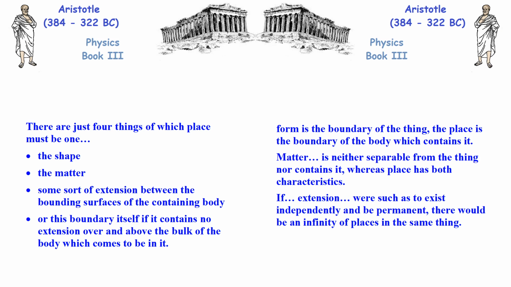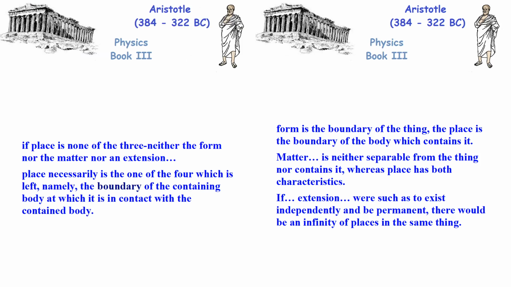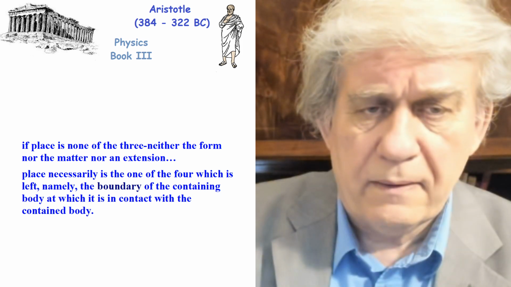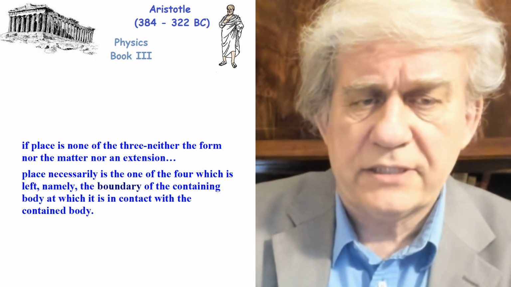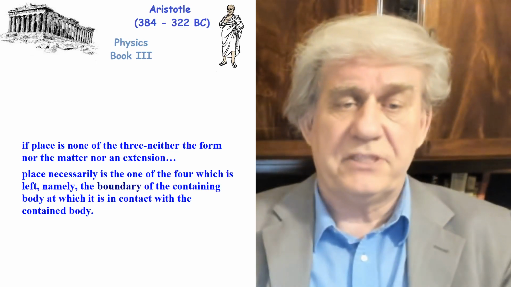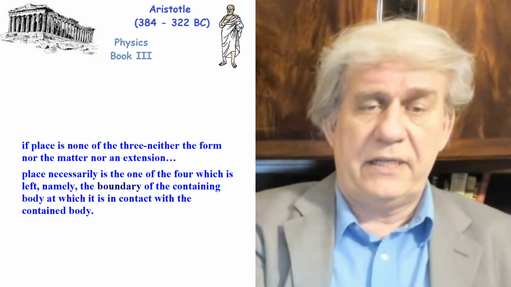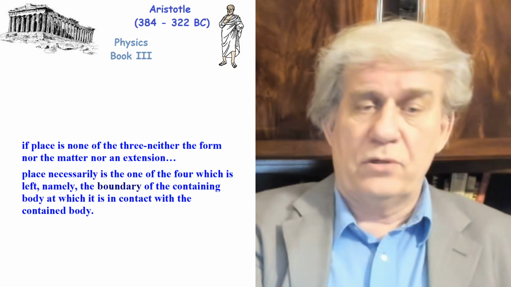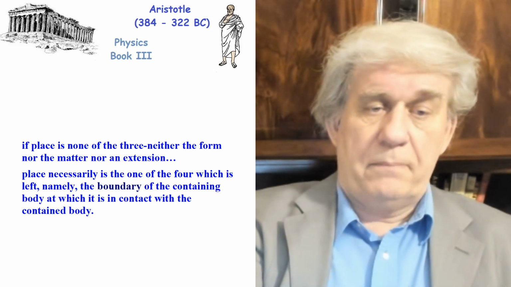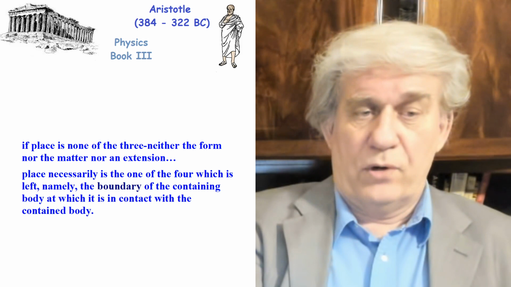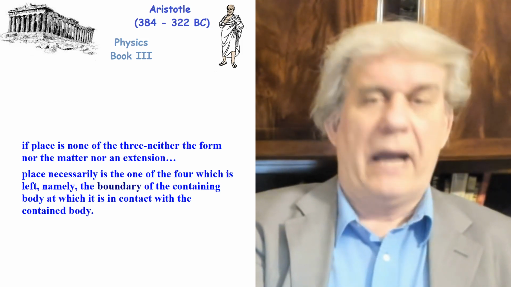And so he goes with this reasoning one step further and says, okay, what's left? Essentially that's his reasoning here. Let me get this one out of the way. And so he says the following. If place is none of the three, neither the form nor the matter nor an extension, place necessarily is the one of the four which is left, namely the boundary.